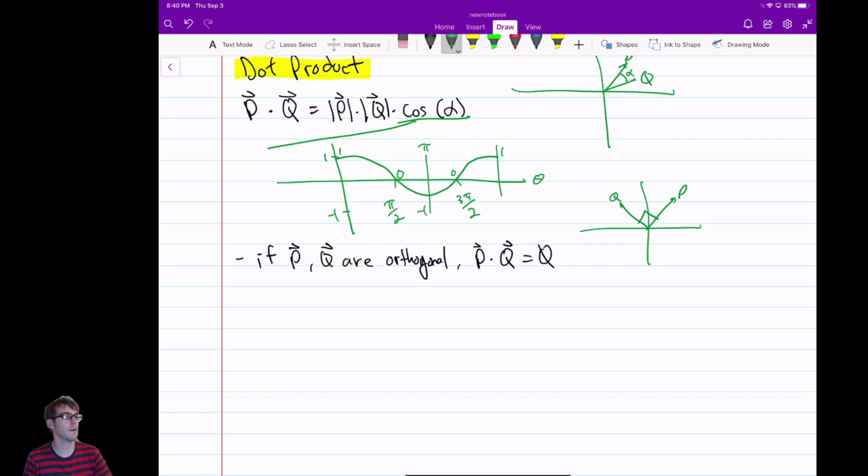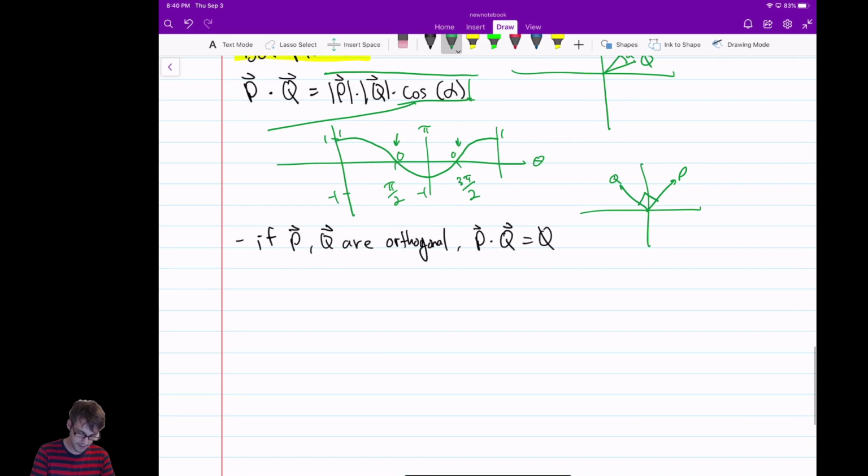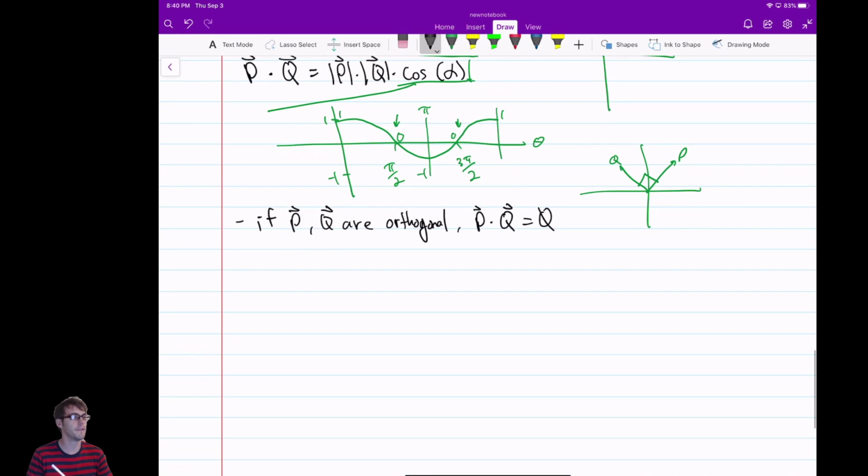And now that we've talked about this cosine business, we can see why. If the angle between these is exactly 90 degrees, so right here, or negative 90 degrees, right there, then the cosine is 0. If this cosine is 0, this whole formula is 0. So it's easy. If the vectors are orthogonal, the cosine is 0, the whole thing is 0.